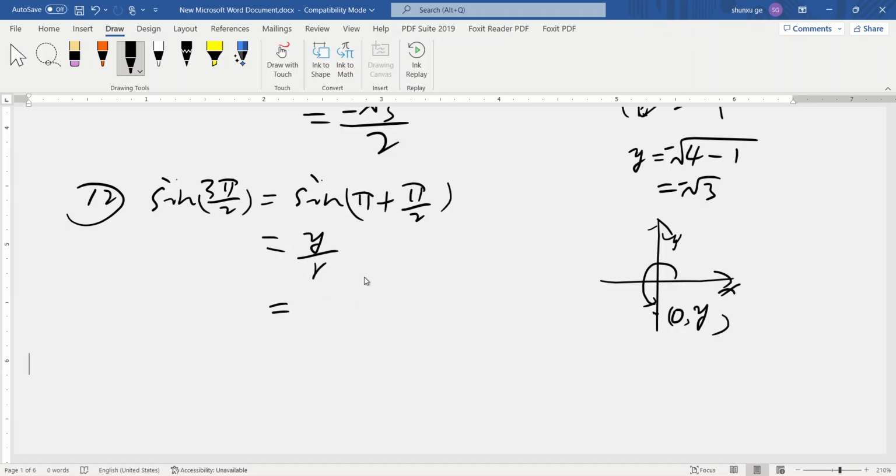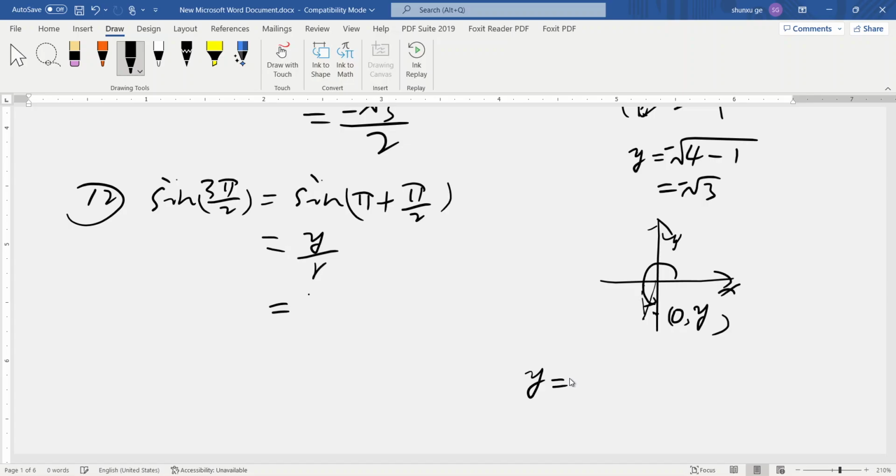R is positive. We pretend the angle is here a little bit. So y is equal to r, but it's negative.